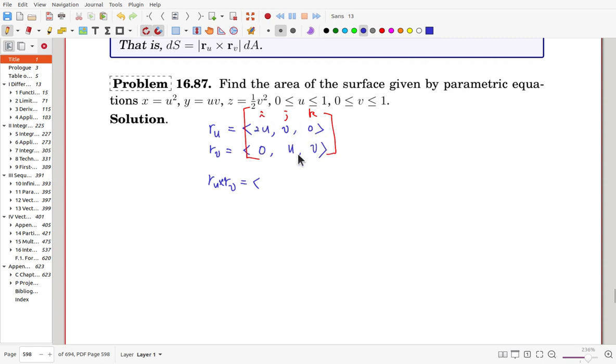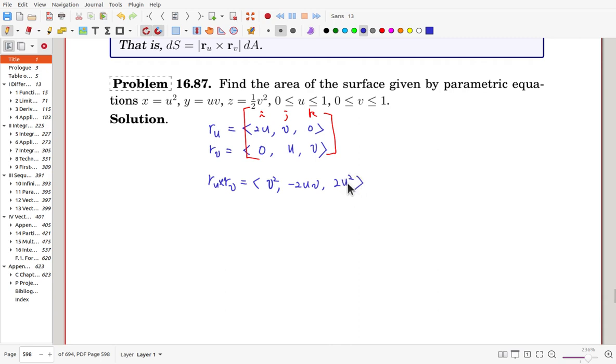So ad minus bc, which must be v squared. For this second vector j, now minus, and this product minus that one, so minus 2uv. And finally, this product minus that one, that is 2u squared.